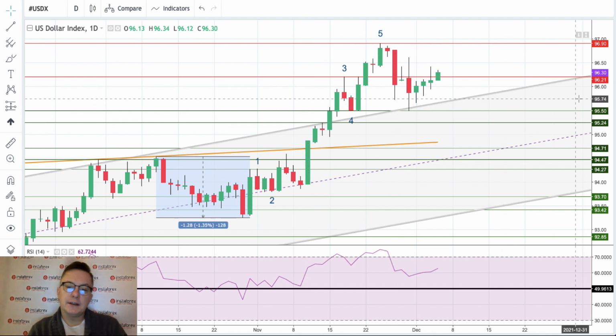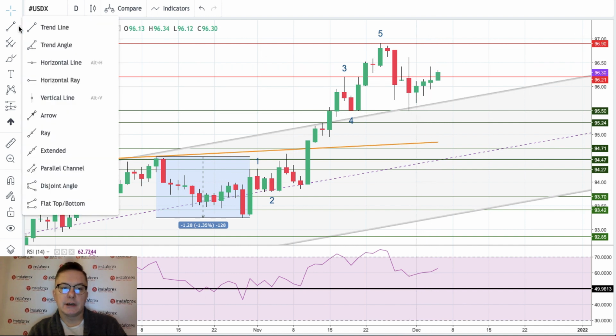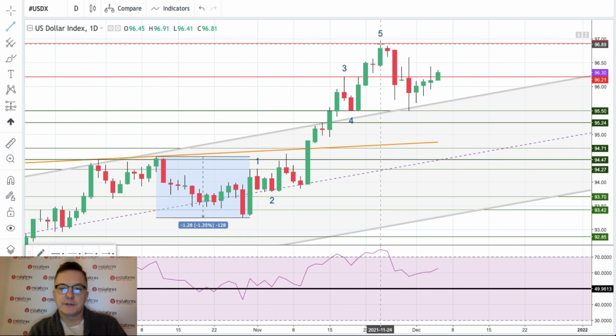So the kind of very narrow but still nice zone of support is right now between 95.50 and 95.24, and we are just bouncing from this zone right now. The recent high was made on the 3rd of December, 96.42, but this looks like a corrective bounce, not a beginning of a new impulsive trend to the upside.